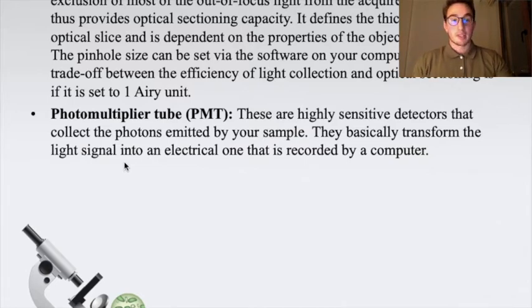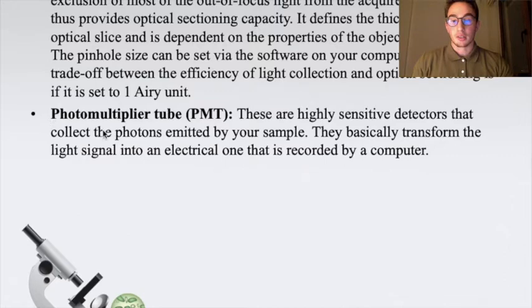It defines the thickness of the optical slice and is dependent on the properties of the objective lens. The pinhole size can be set via the software on your computer, and the best trade-off between the efficiency of the light collection and optical sectioning is if it is set to 1 Airy unit. The unit is Airy units.